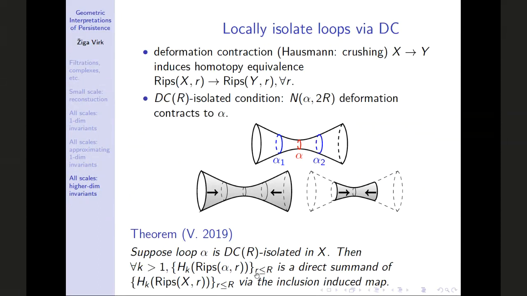It works for scales up to r, where r is 1/2 of the size of this neighborhood. So the distance between this and these two loops is r. So going across from here to here, we have 4r. Meaning that the larger hyperbolic neighborhood you have, the more persistent homology you will detect.